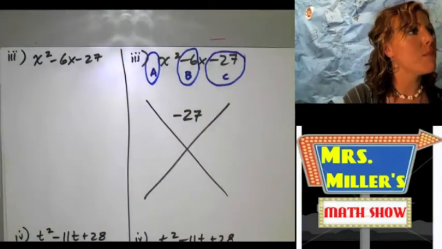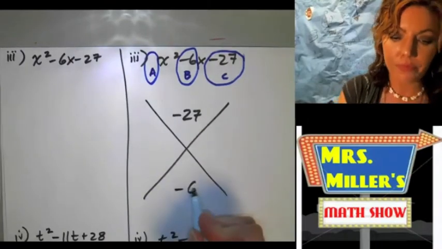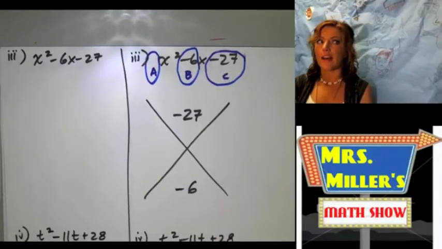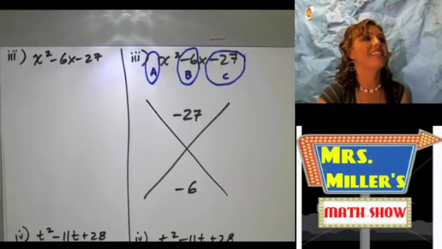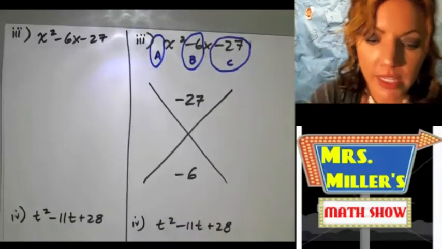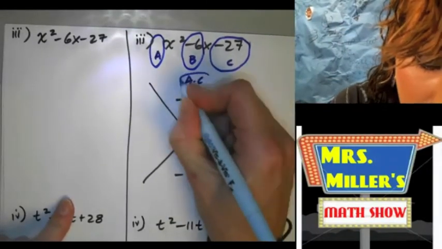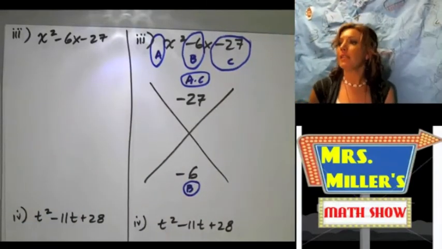Okay, who can tell me what goes in the bottom? Negative 6. Negative 6. Thank you, Alyssa. Everybody give it up for Alyssa. All right. So this one is A times C is on the top, B is on the bottom. Okay? So everybody think for a second.